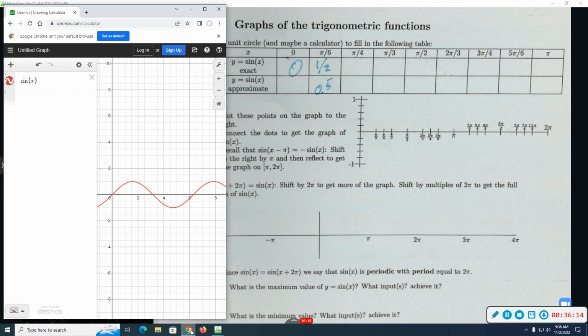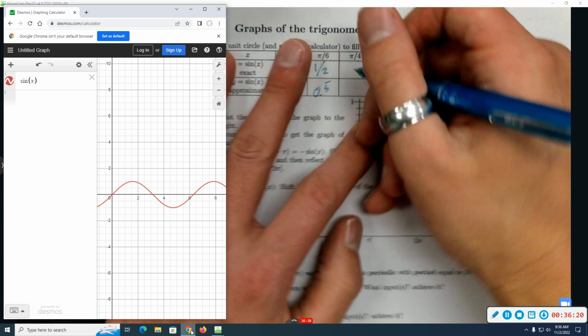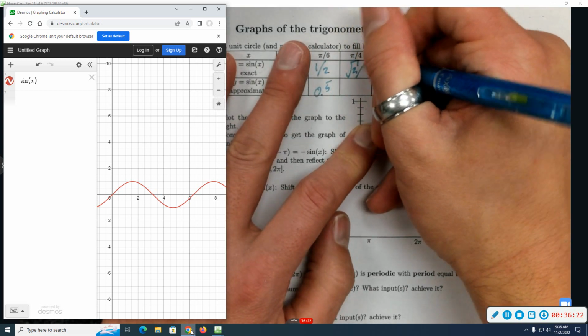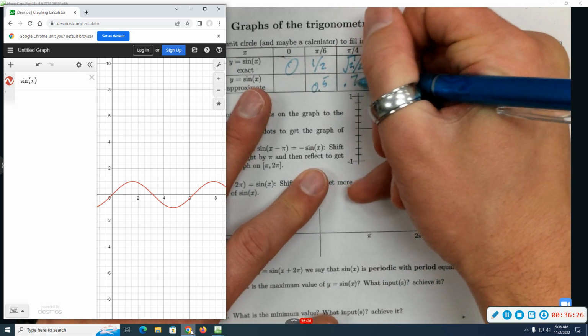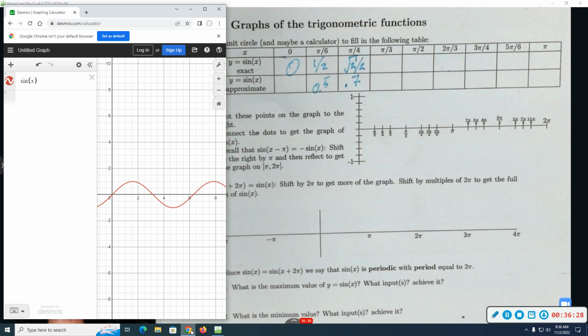What's the sine of pi over 4? Root 2 over 2. And what is that about? 0.7. And we could get more digits than that, but since I'm going to draw something by hand, I'm not going to be able to draw better than the tenths anyway.